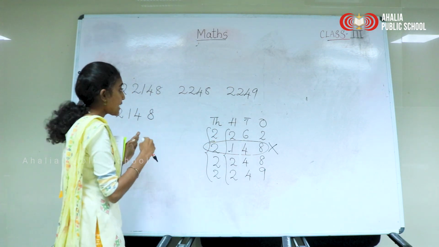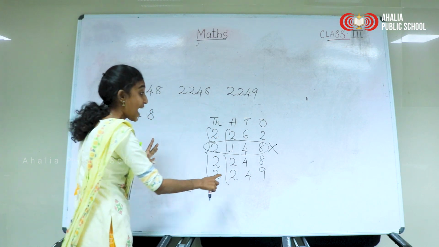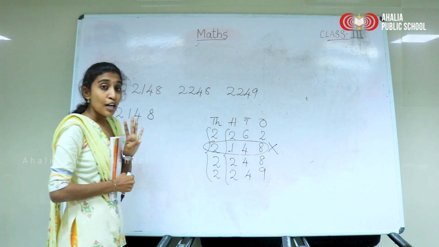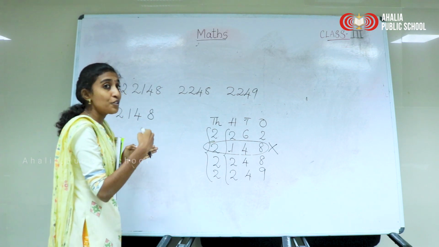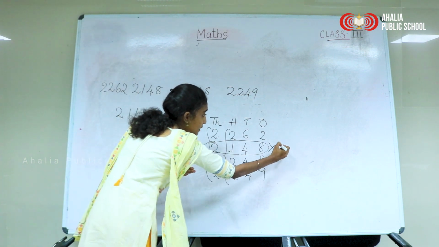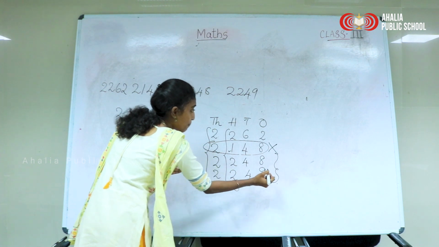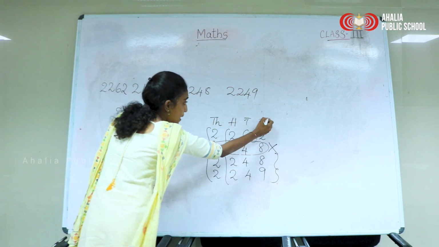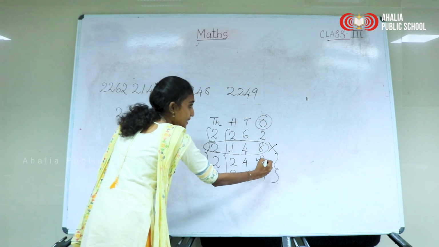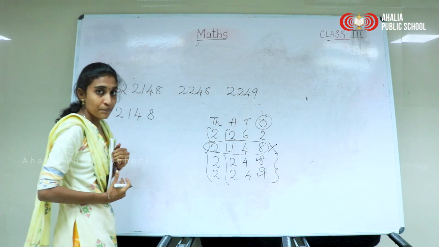So anyway, the next number will not be 6 because we are having 3 more numbers with 4 in the tens place. So we will be moving on to the ones place of these 2 numbers. Eliminating this number, we will be considering these 2 numbers. So in ones place we have what? 8 and 9.